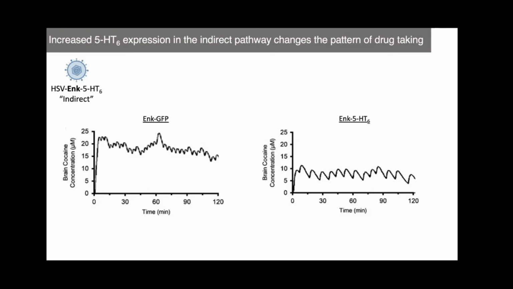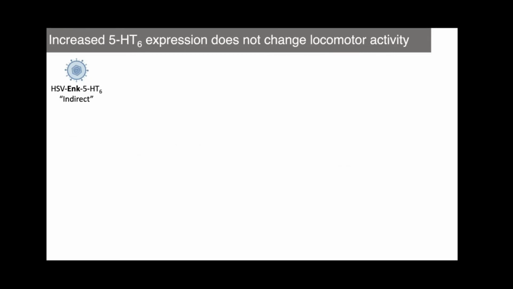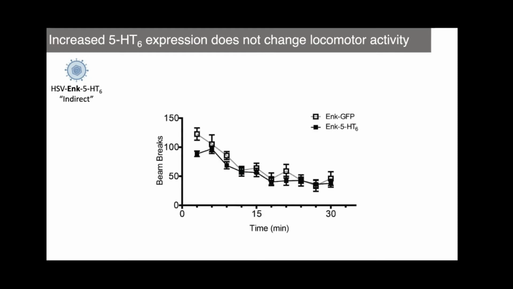And so in order to test this, I placed rats into a chamber with a laser beam grid and measured their movement throughout the grid over the course of 30 minutes. And what I saw is that there was no difference in locomotor activity between controls and rats with increased 5-HT6 in the indirect pathway, showing that this manipulation is not altering their ability to move and press the lever.